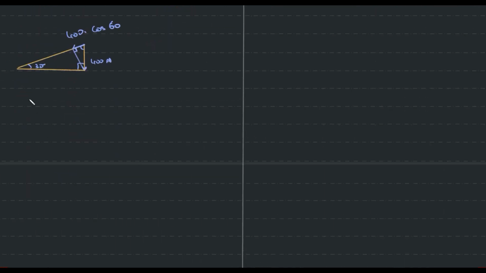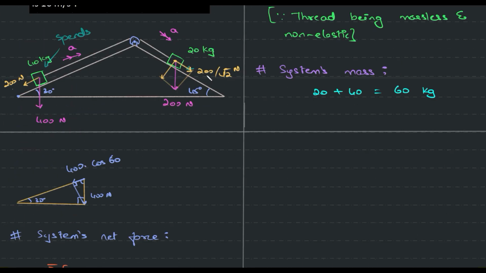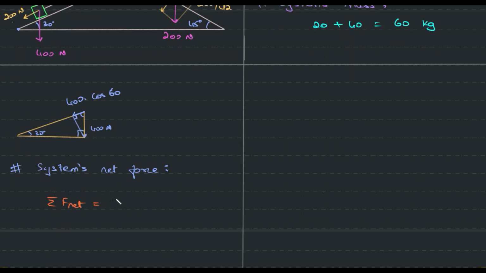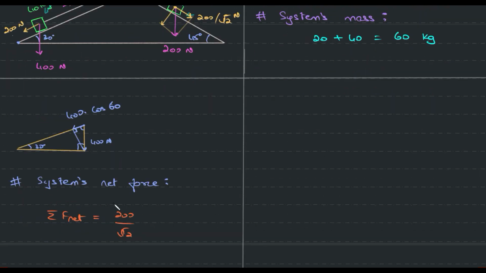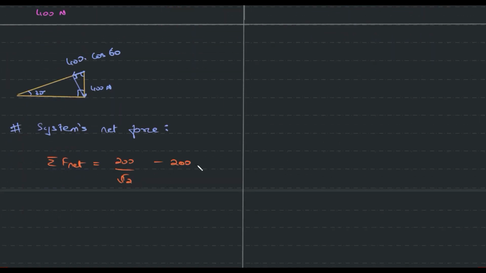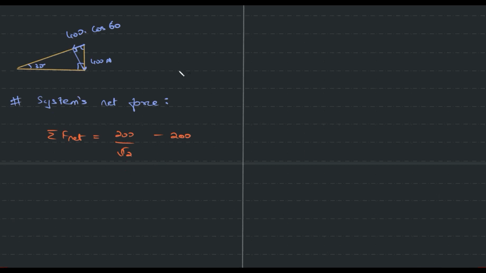Now, the net force of the system. On one end we have a pull along the acceleration, that is 200 by root 2. On the other end, you have the opposite pull of 200. Obviously, this is greater. The acceleration is to the left.